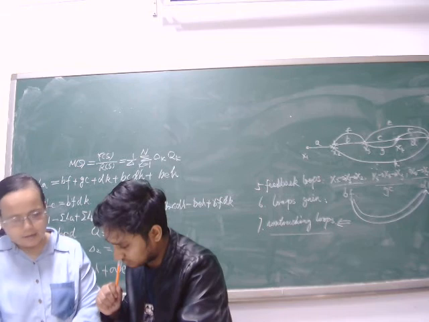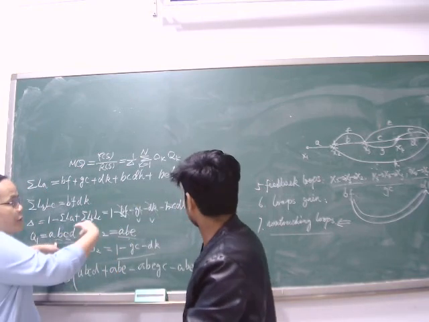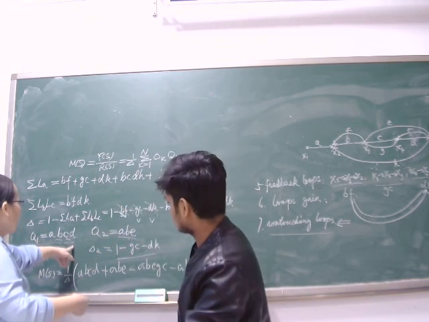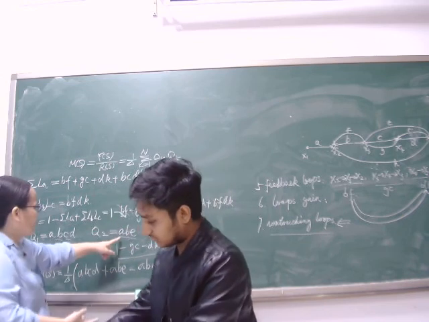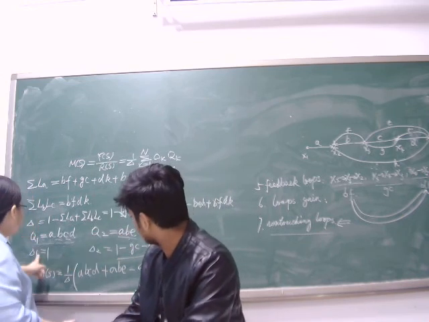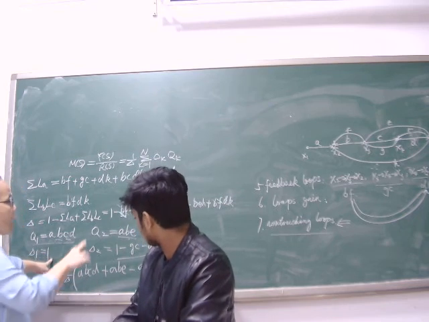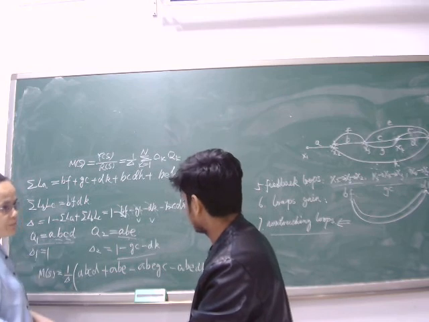What is the Q1? You can see Q1 is the first forward path, the gain of the forward path, ABCD. And Q2 is the second forward path, the gain of ABE. And this data 1 is 1. Why? Because every node is touching the first forward path.